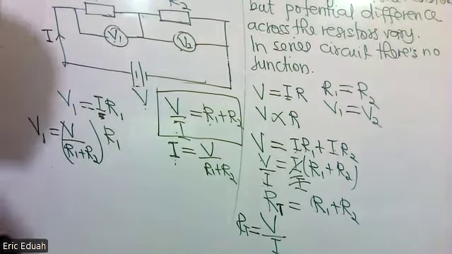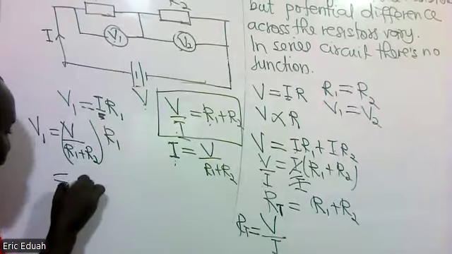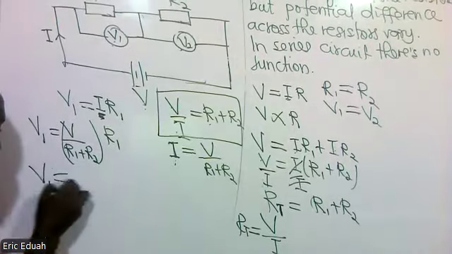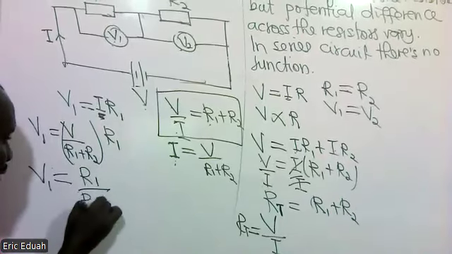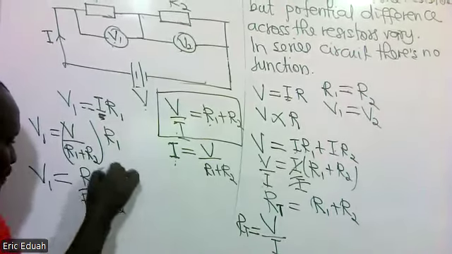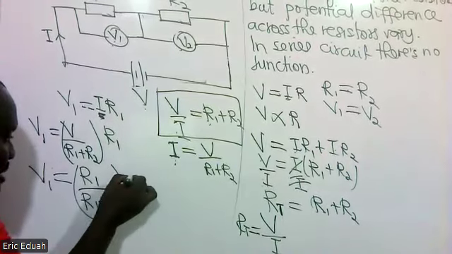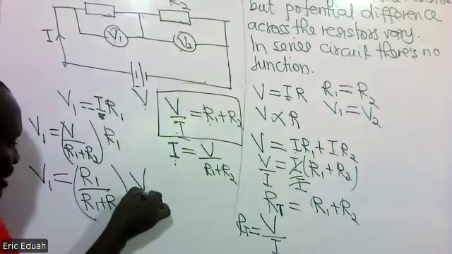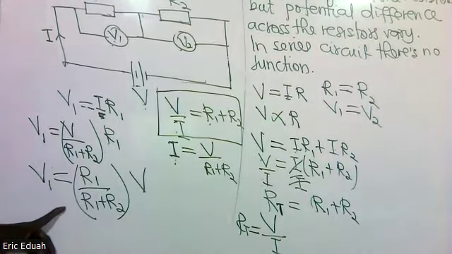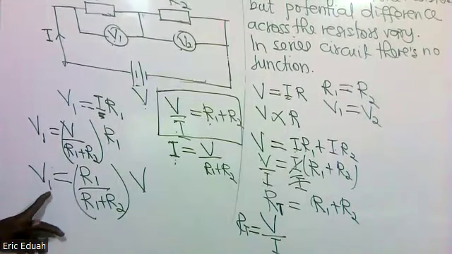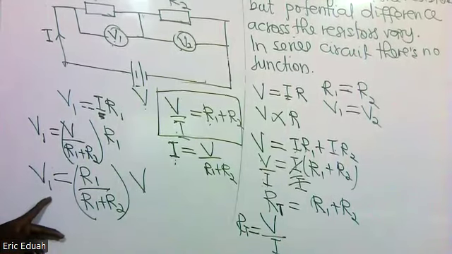So I can rearrange this beautifully to look like V1 is equal to R1 over R1 plus R2 times V. This is another beautiful expression for V1.